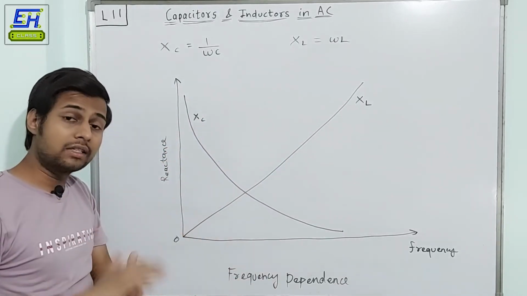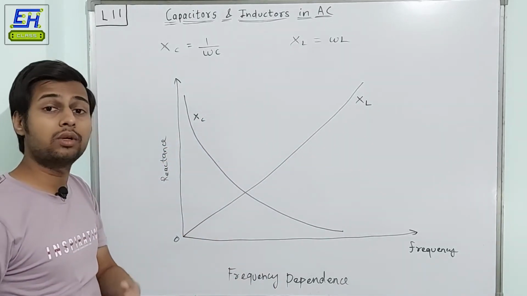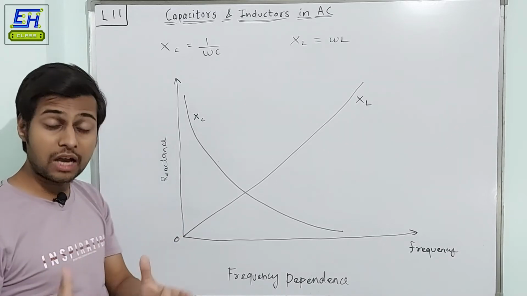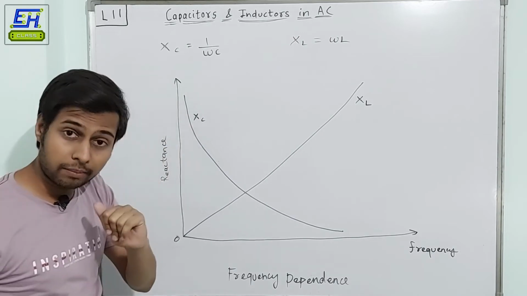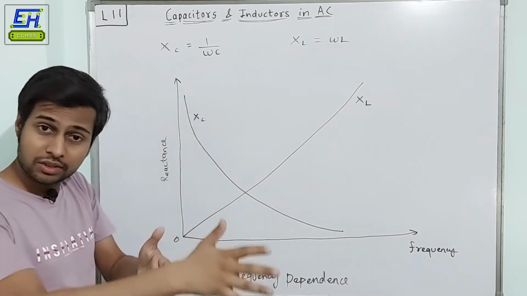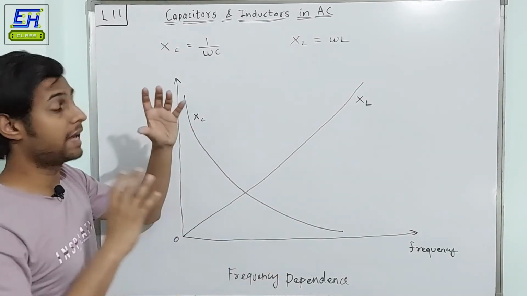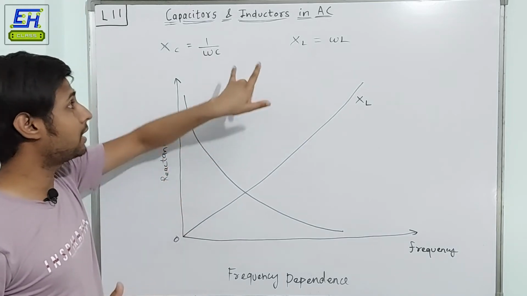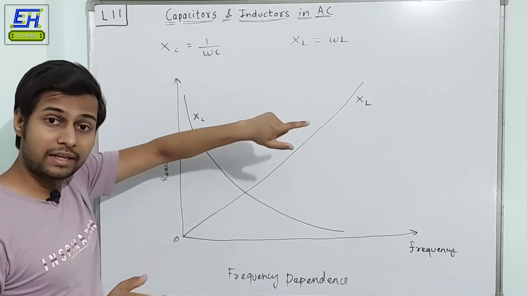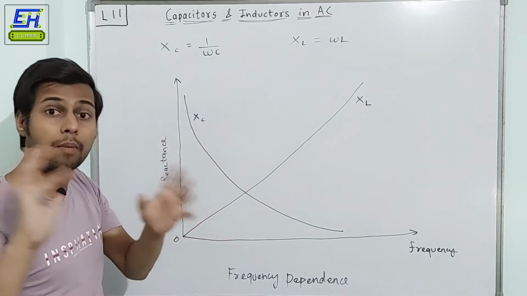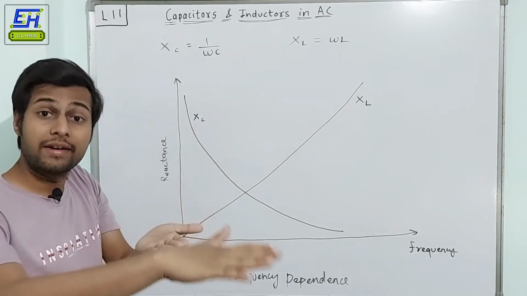Now what exactly is reactance? Reactance is the opposition to the flow of current provided by these reactive elements, the inductor and capacitor, very much similar to resistance. But in AC circuits, reactances are imparted by these reactive elements. Impedance is a combination of reactance plus resistance.